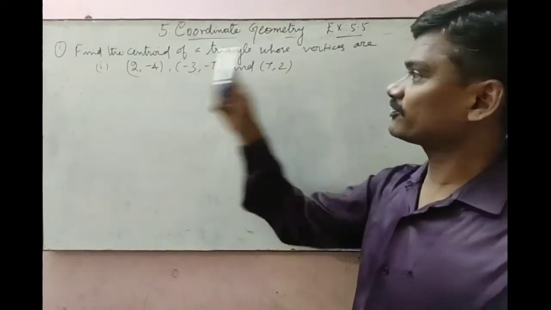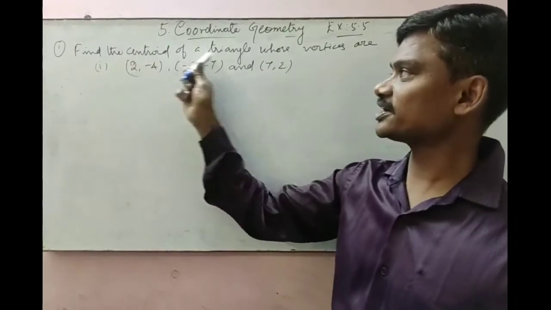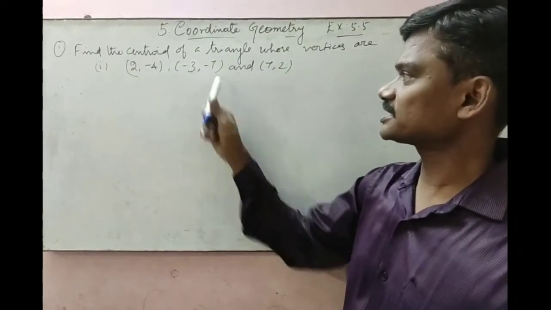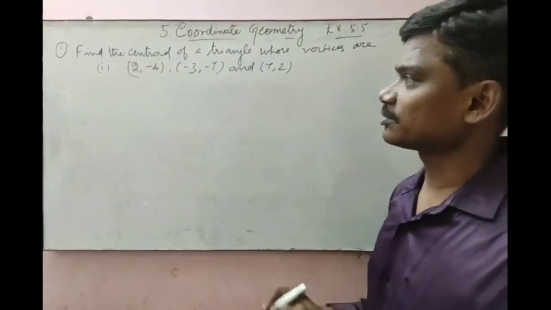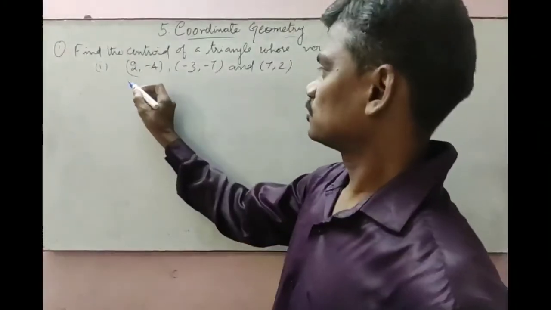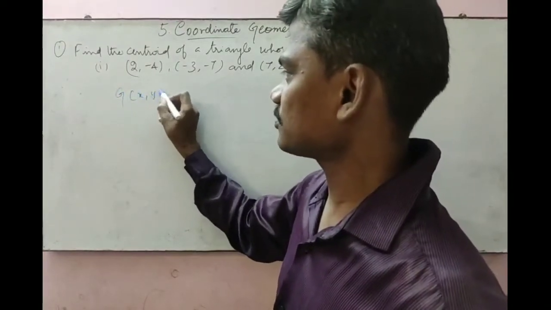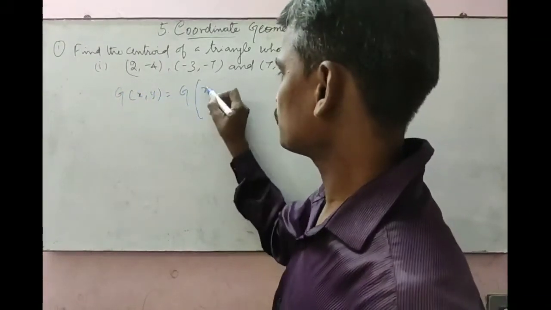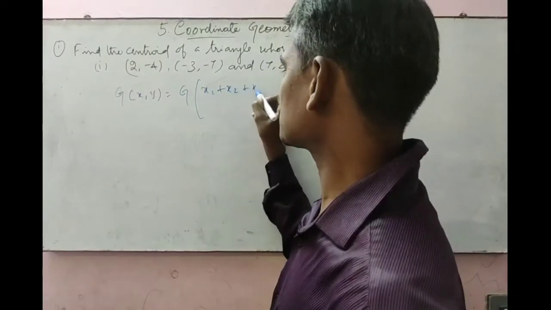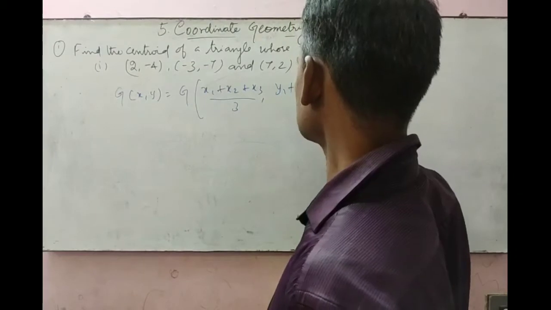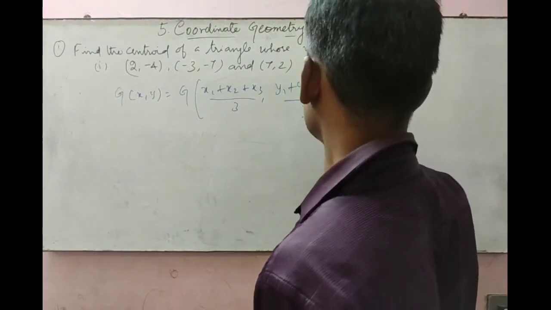Now in exercise 5.5, the first sum is: find the centroid of a triangle whose vertices are (2, minus 4), (minus 3, minus 7) and (7, 2). The formula to find the centroid is G of (x, y) is equal to G of (x1 plus x2 plus x3) by 3, (y1 plus y2 plus y3) by 3.